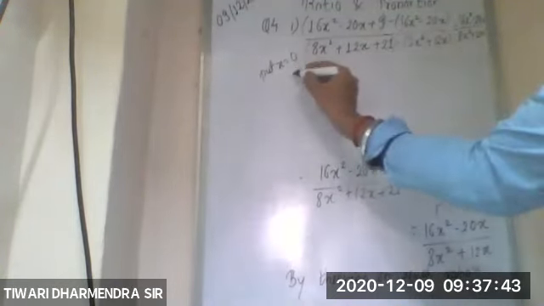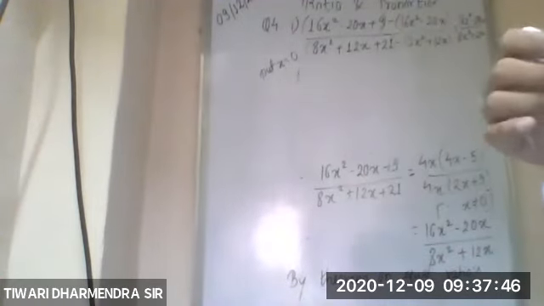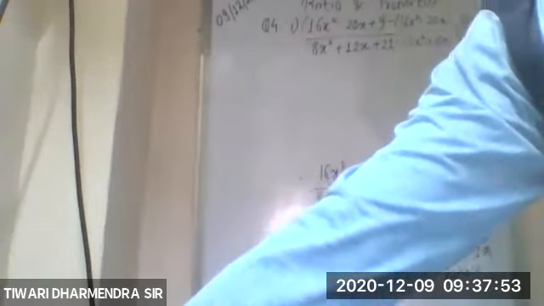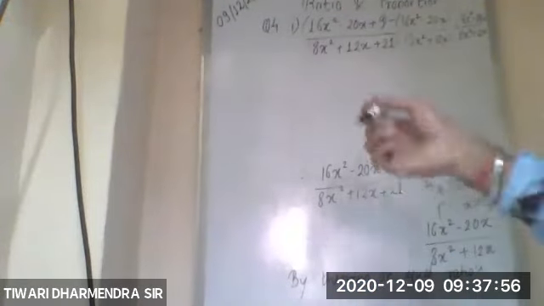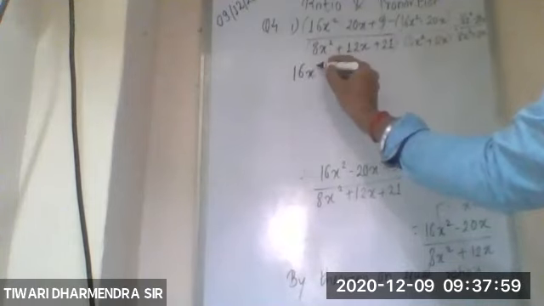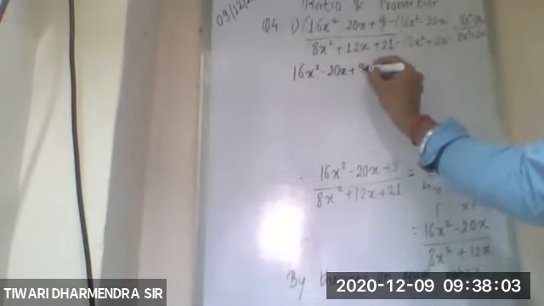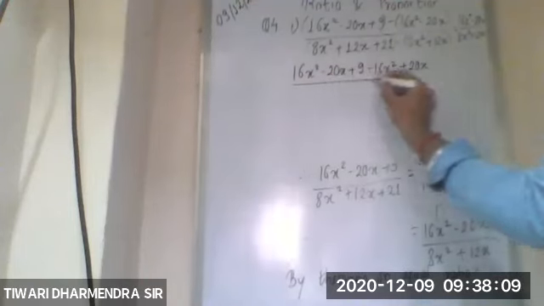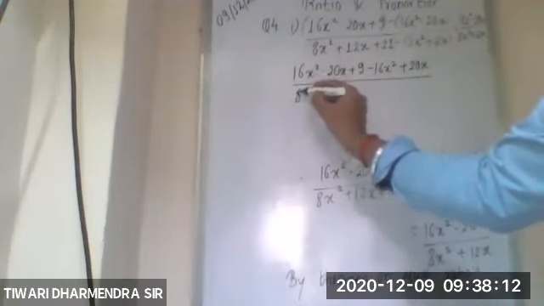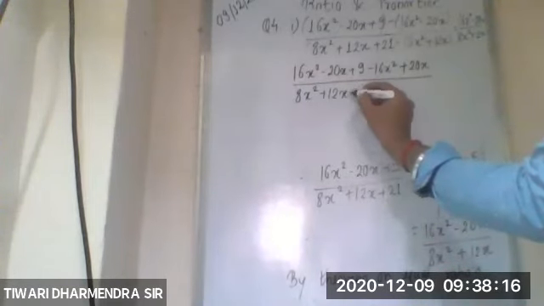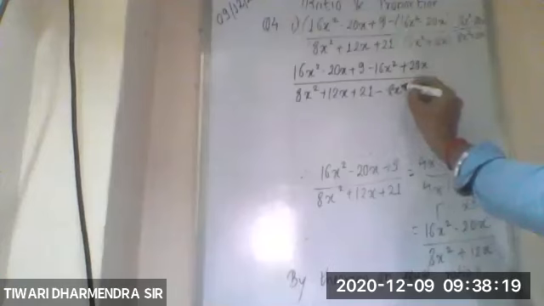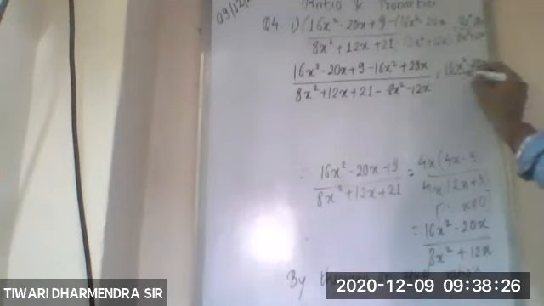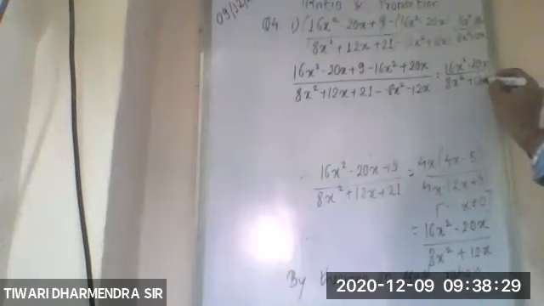Open the bracket. What do we get? Opening the bracket, we get 16x square minus 20x plus 9 minus 16x square plus 20x, divided by 8x square plus 12x plus 21 minus 8x square minus 12x, is equal to 16x square minus 20x divided by 8x square plus 12x.